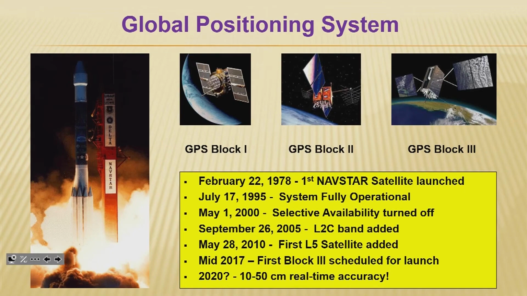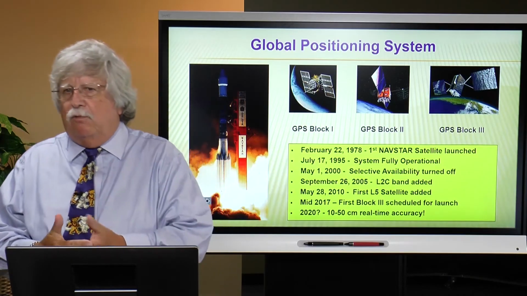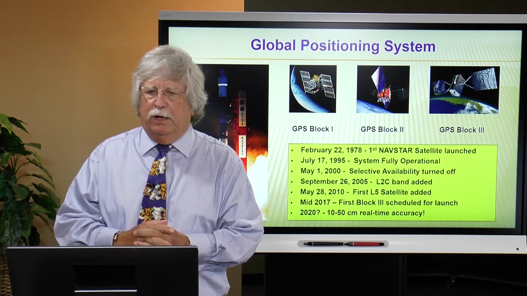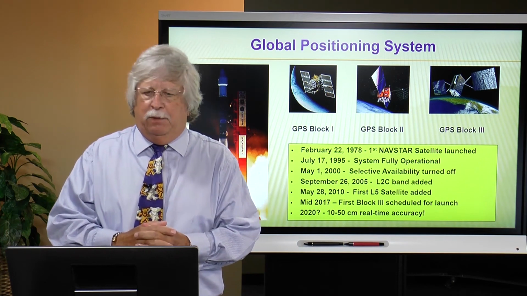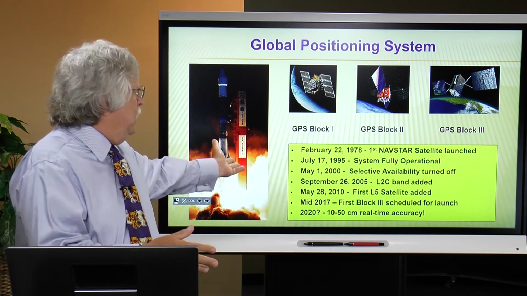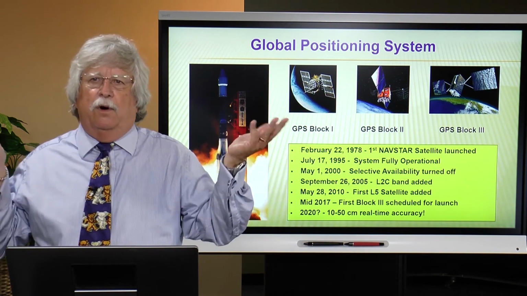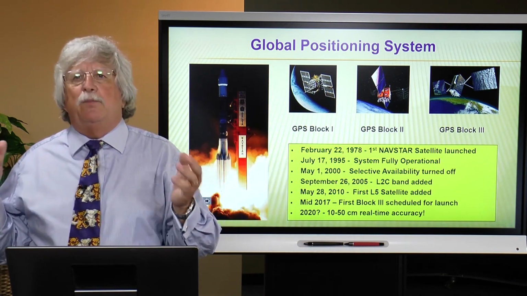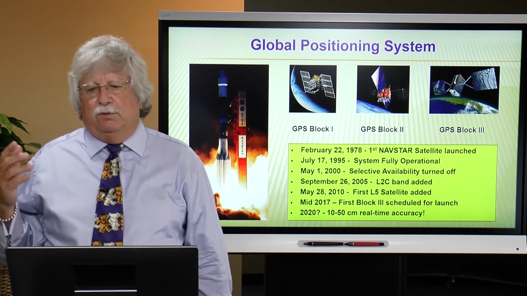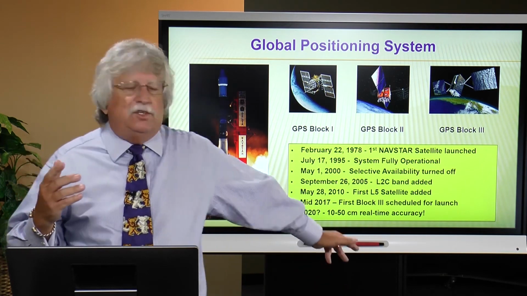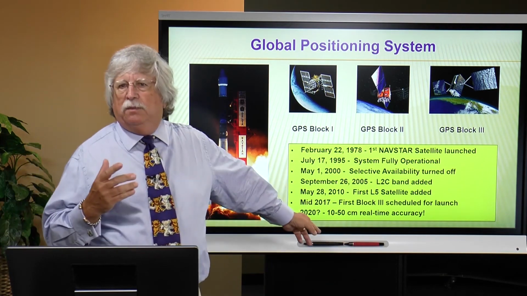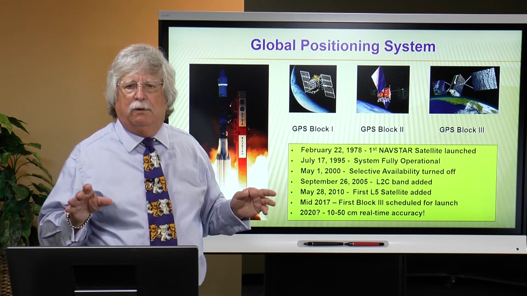Once Block 3 is finalized, roughly about 2023 or 24, maybe even sooner than that, and you see my date 2020 with a question mark, I don't know. It's entirely possible that we'll be able to achieve real-time positioning at the few centimeter level with no ground control.